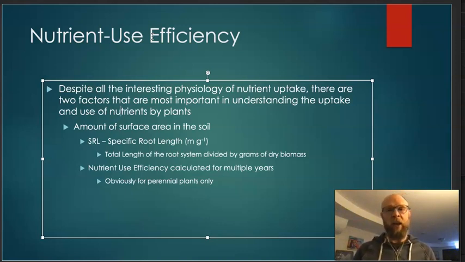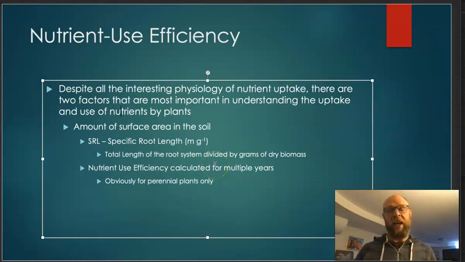And it turns out that building relatively inexpensive roots, but building lots of root length, is the best strategy for outcompeting other plants. That is the major factor in controlling how fast a plant is going to uptake nutrients. So a plant that wants to uptake nutrients fast should put a lot of roots below ground, but probably build cheap roots.